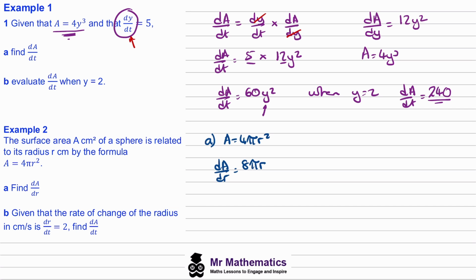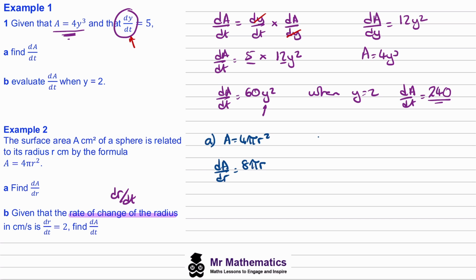Then we're told the rate of change of the radius, so this means dr by dt. You can tell this because you've got a length and a time. So given that dr by dt is 2, find dA by dt. So this is the rate of change of the area.